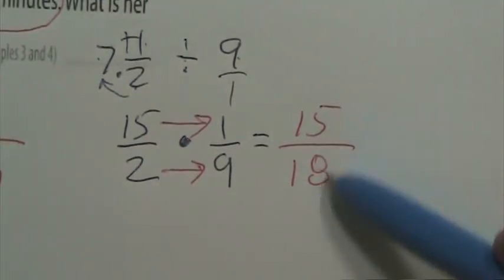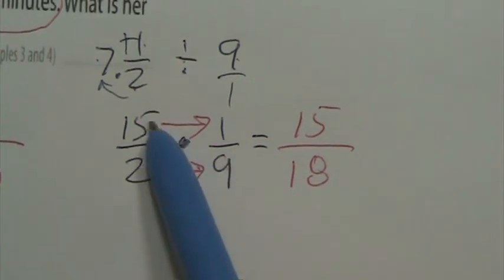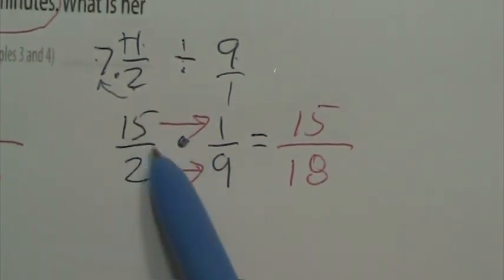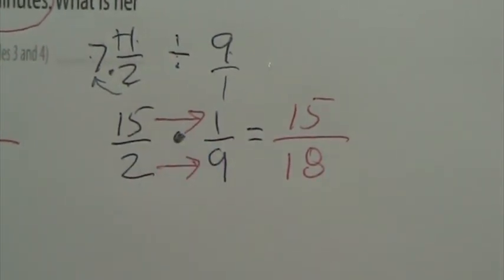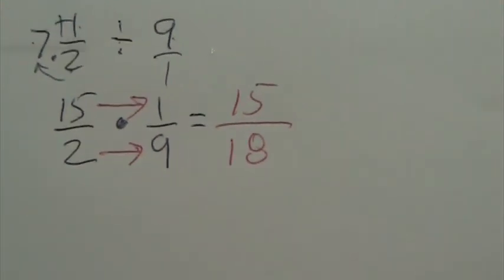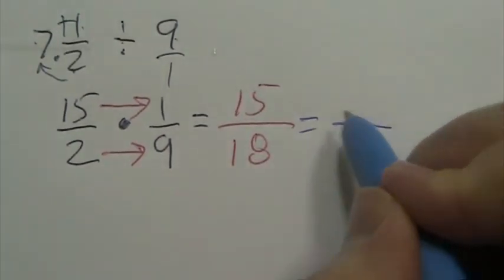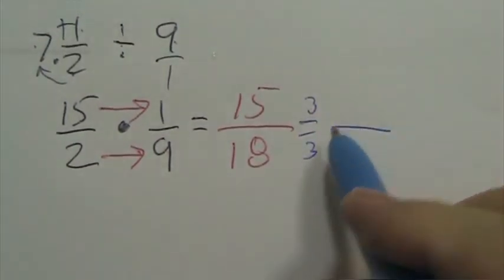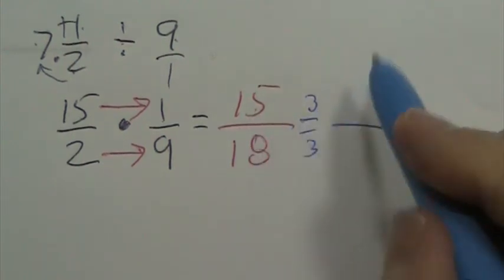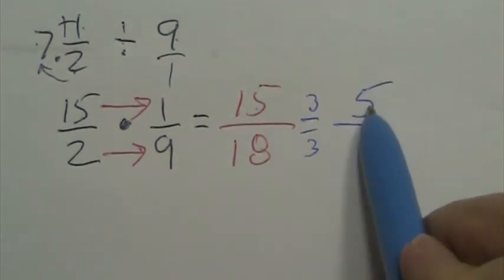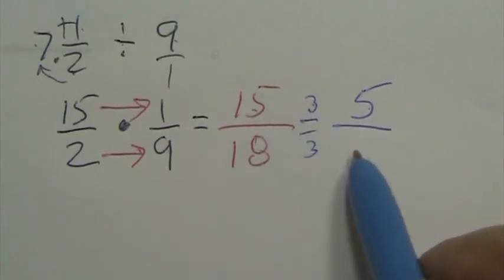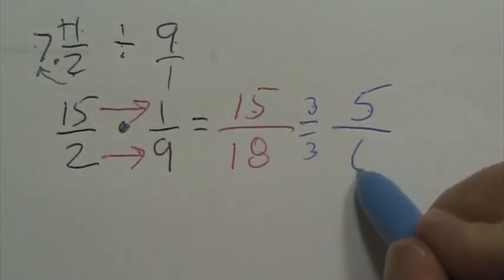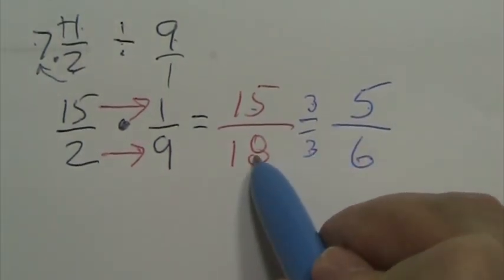Okay, this can be reduced. Maybe you didn't see it right here, but 3 goes into both of these. 3 goes into 15 5 times, because 5 times 3 is 15. And over here, 6, because 6 times 3 is 18.